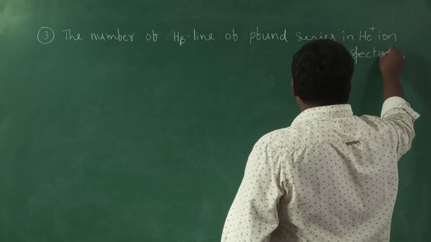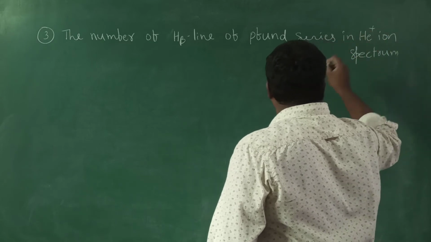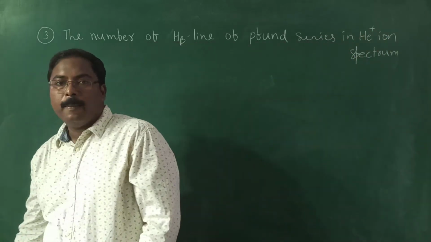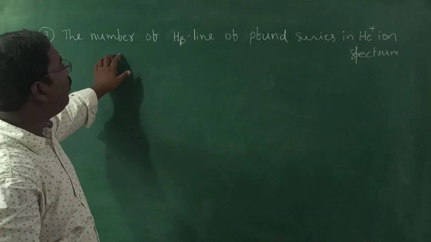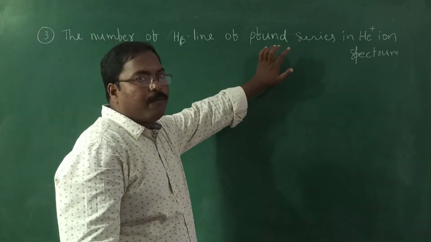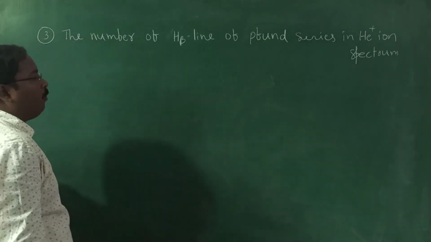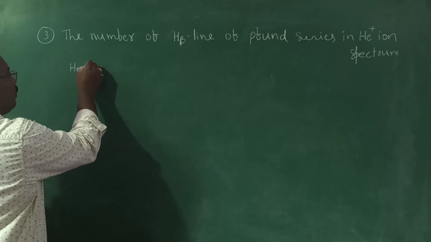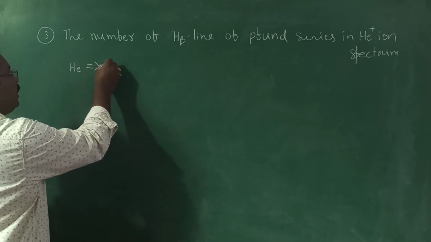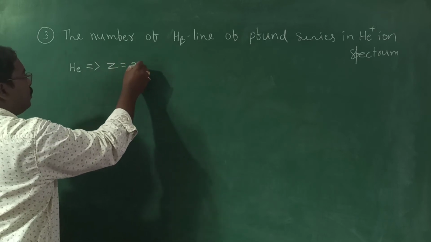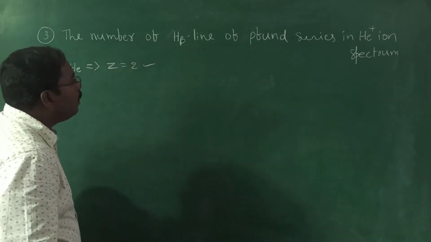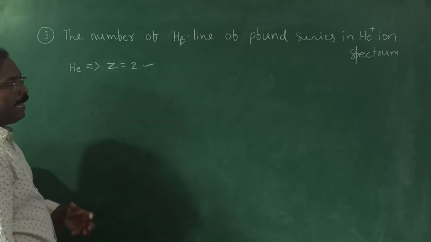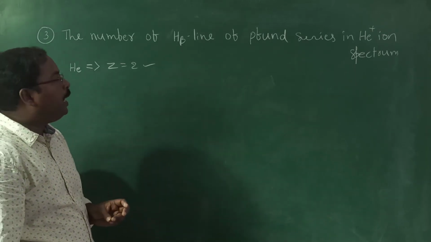They are asking us to find the wave number in the case of Pfund series. Helium is given, so the point to remember here is that its atomic number is 2. Now we want to know the n1 value and n2 value.